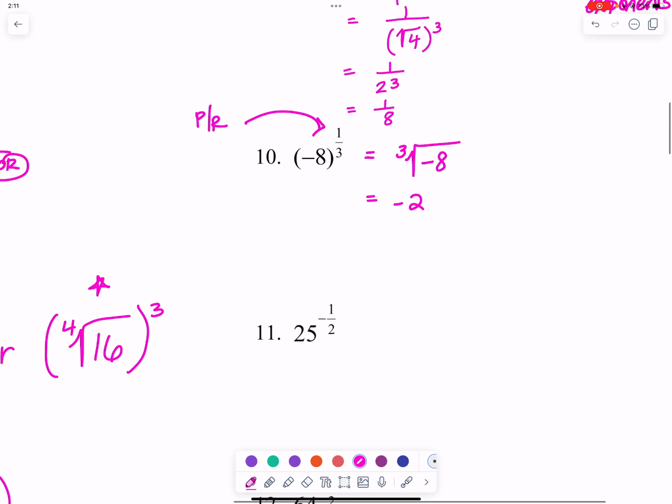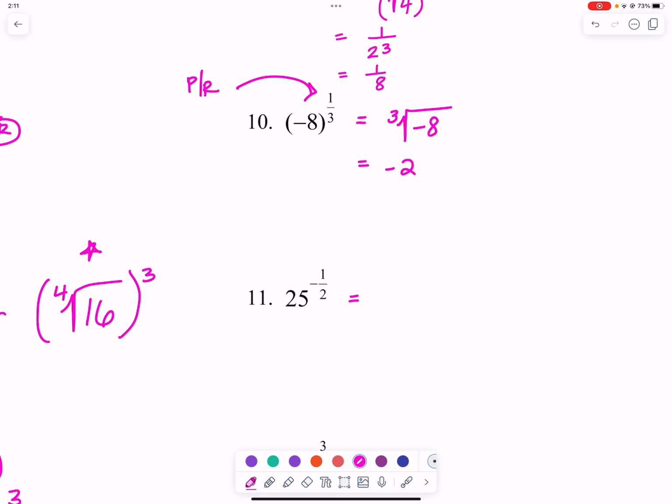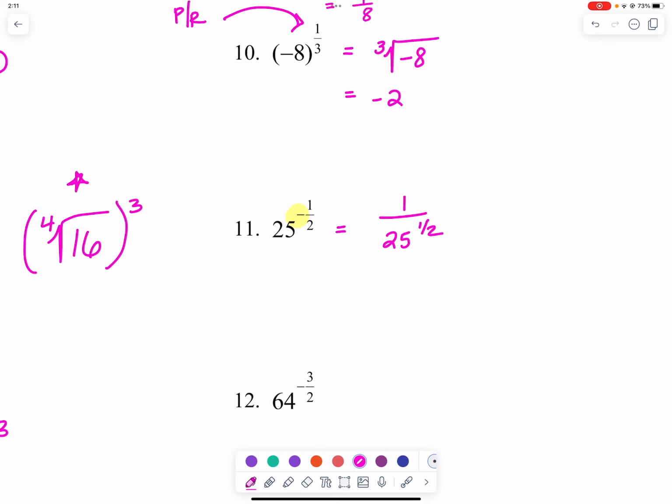Looking at number 11, again, let's move that expression to the denominator so that we can remove that negative in front of the exponent. And now we have 1 over the square root of 25, and that is 1/5.